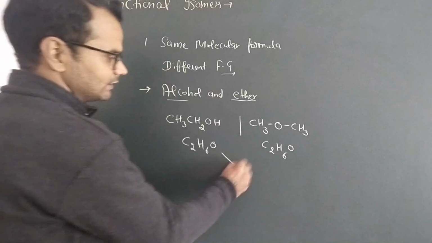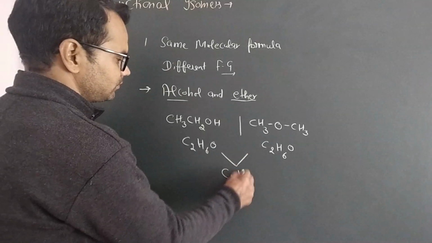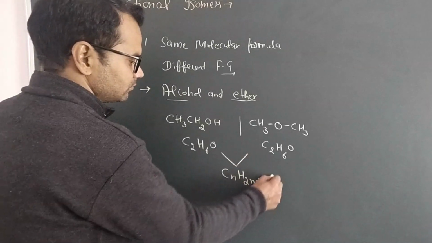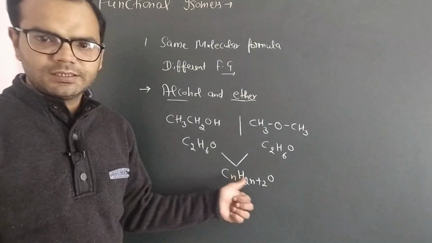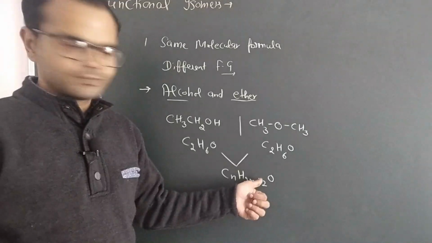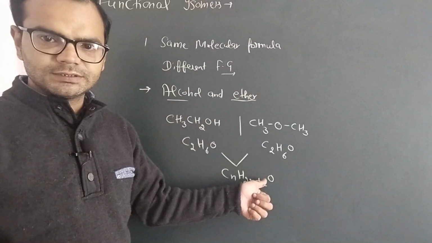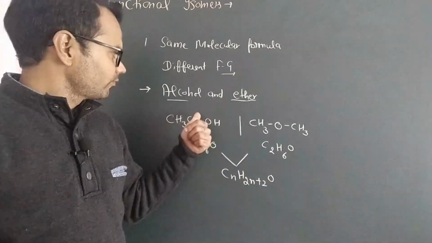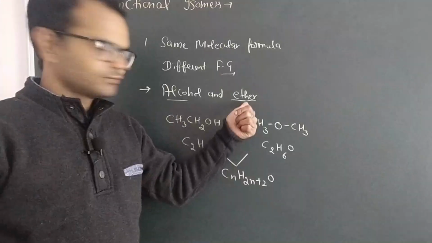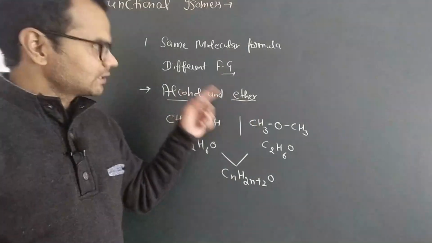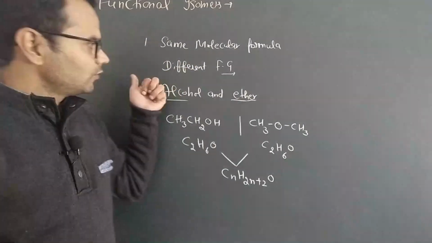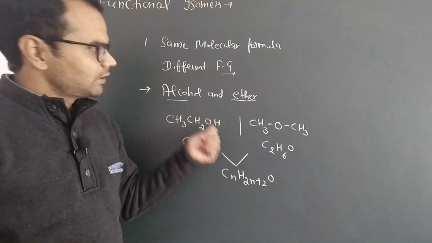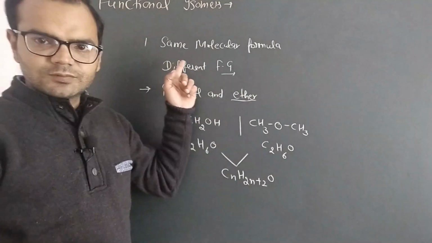So the basic formula is CnH2n+2 and 1 oxygen. This basic formula represents two functional groups, one is alcohol and the second is ether. So it is the first set of functional isomers, alcohol and ether. Both are functional isomers.